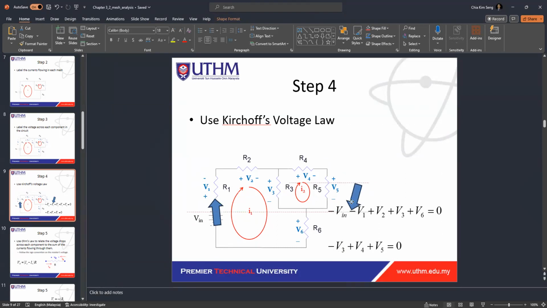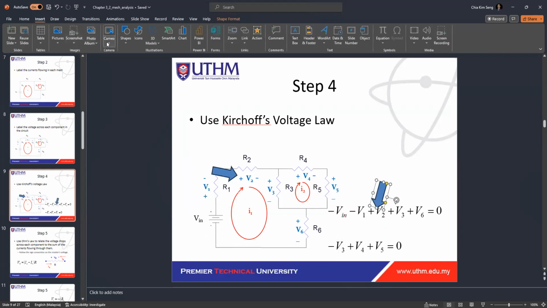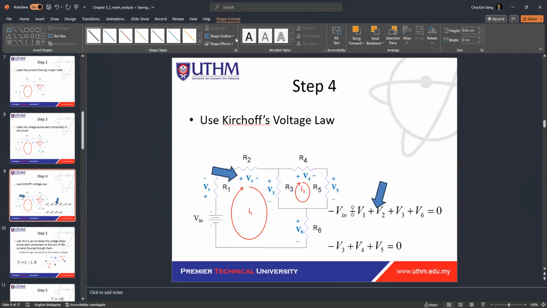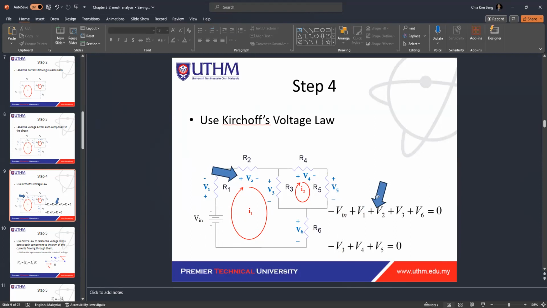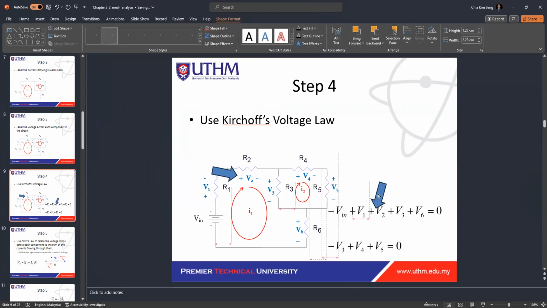This is the positive, since we label it positive, the current flows inside. After that, the current flows to here, which is positive. So this one is correct. So plus, and perhaps I can add something like this so you are aware there is the arrow. Plus V2, that one is okay.